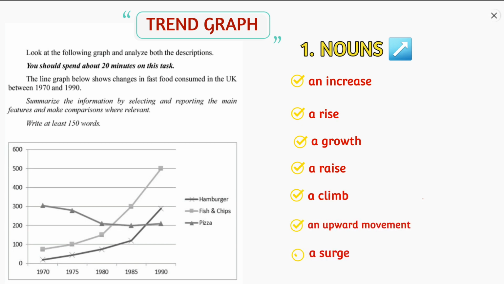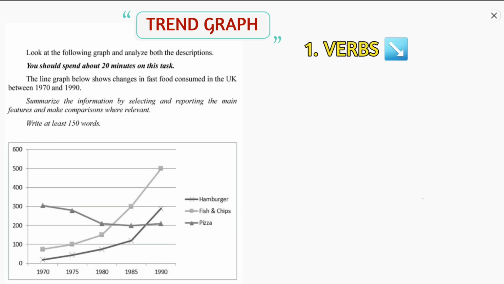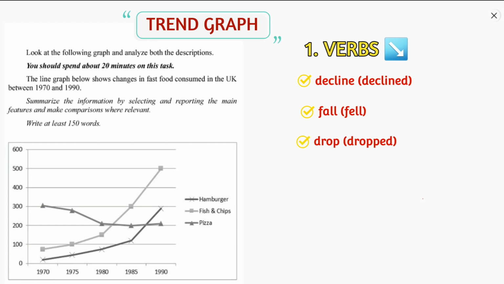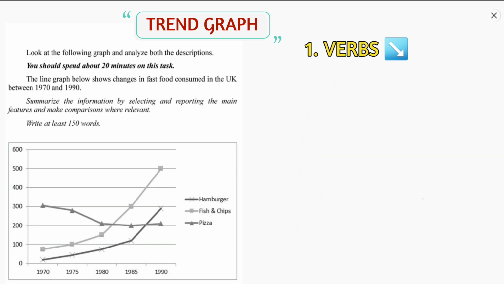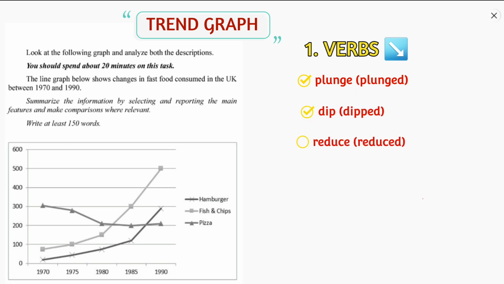Now we'll see what verbs and nouns we can use for a downward trend. Verbs: decline or declined, fall or fell, drop or dropped, decrease or decreased, plummet or plummeted, go down or went down, plunge or plunged, dip or dipped, reduce or reduced, right?